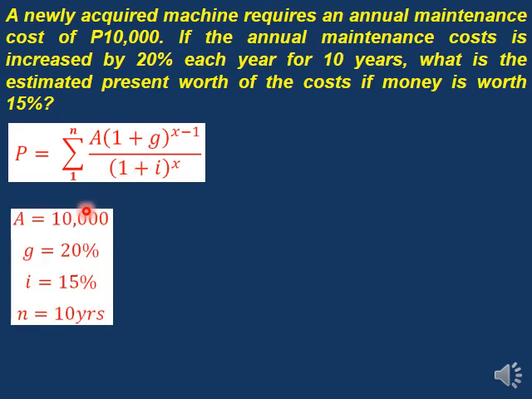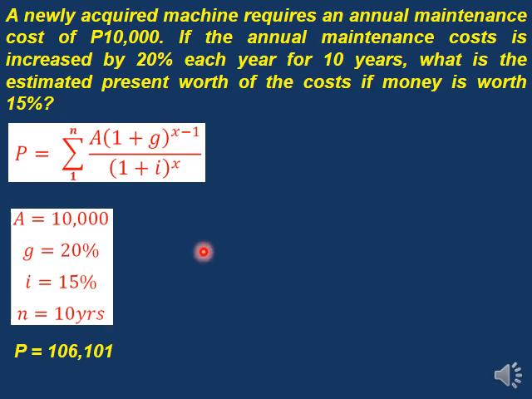Our first cost is 10,000 pesos, the increase in the cost is 20%, the worth of money is 15%, and the number of years for the maintenance is 10 years. Computing for the present worth of all of the costs, we get 106,101.